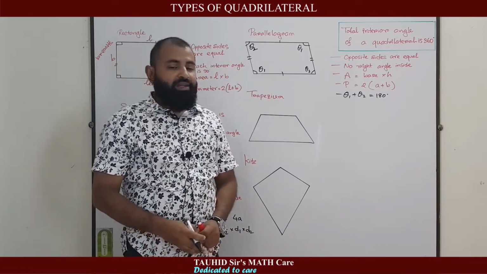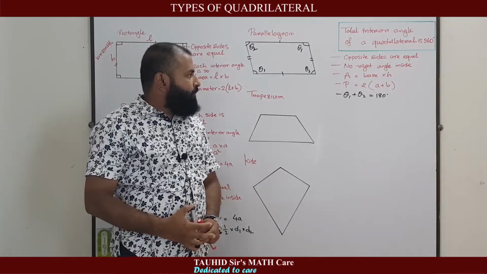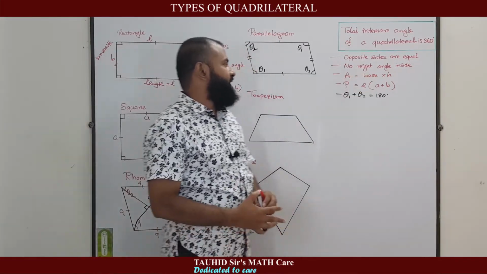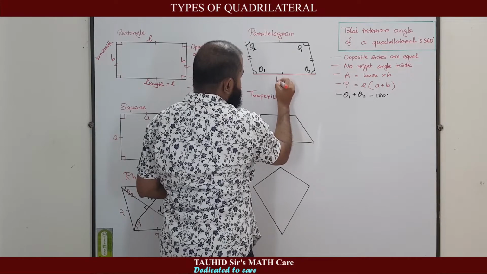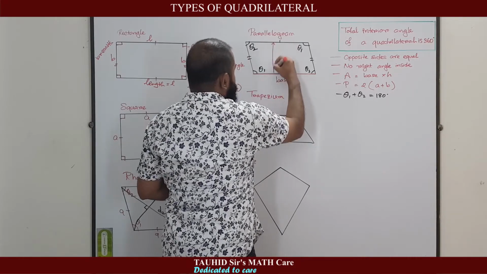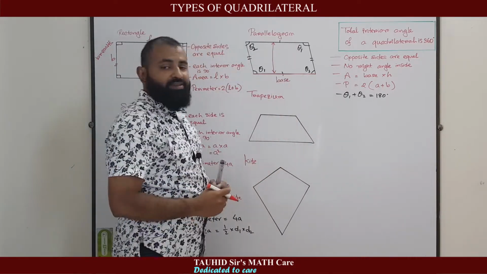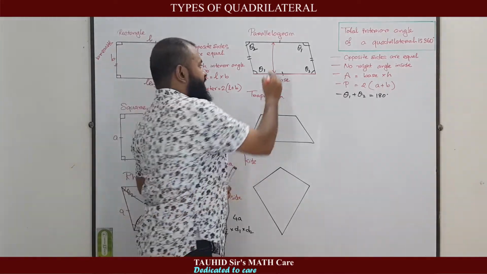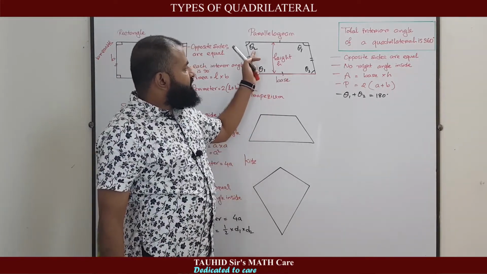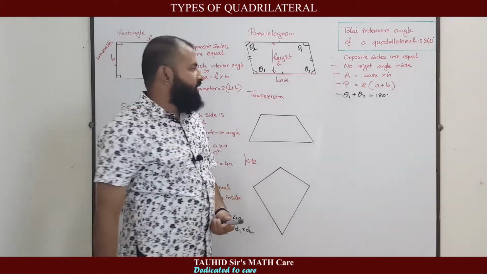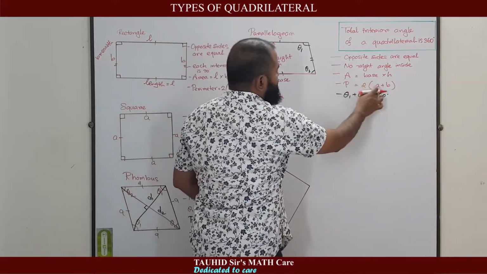And what about the area? Area of a parallelogram is base into height. If we consider this length as base, the perpendicular distance between the two parallel sides we will call height. So the area is base into height. And what about the perimeter? Perimeter equals 2 into (A plus B).